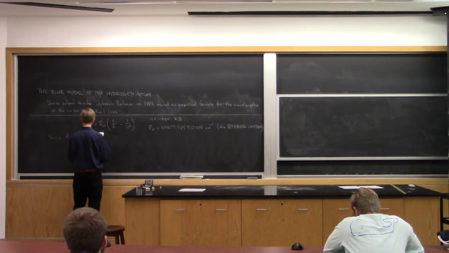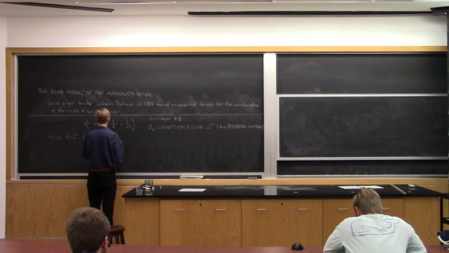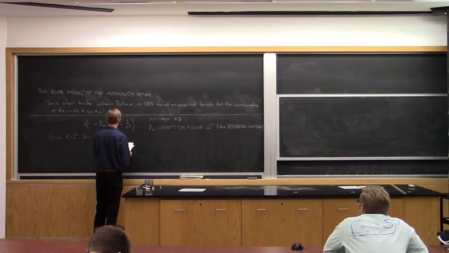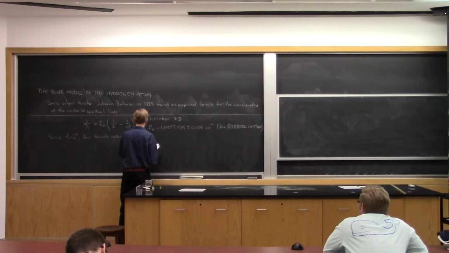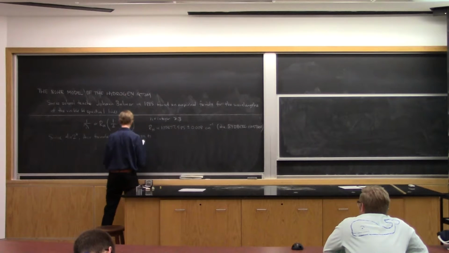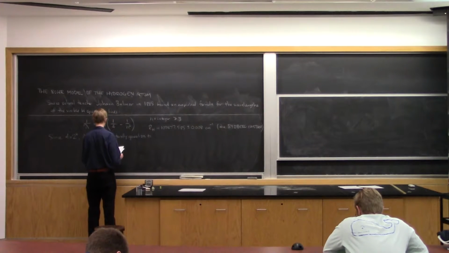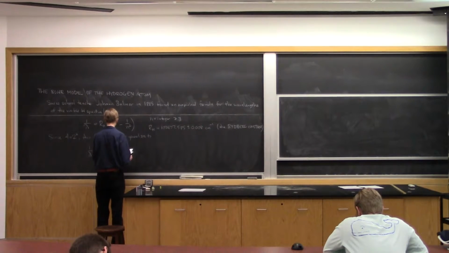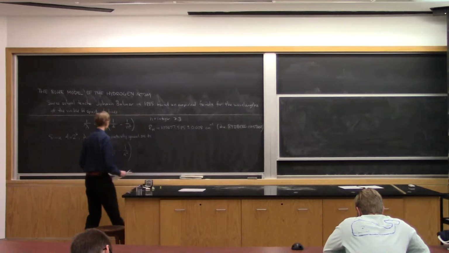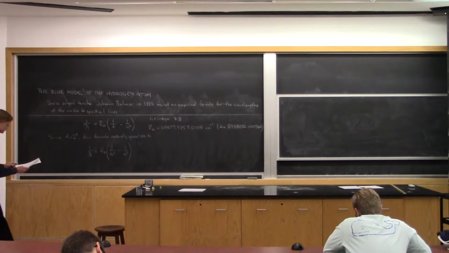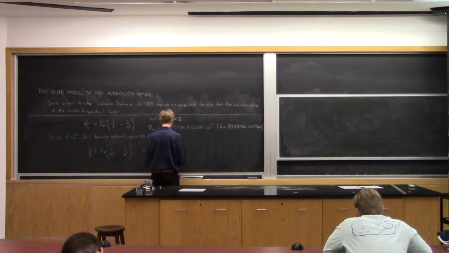Since 4 is equal to 2 squared, this formula naturally generalizes to 1 over lambda is equal to the Rydberg constant times (1 over m squared minus 1 over n squared). So m and n are integers.